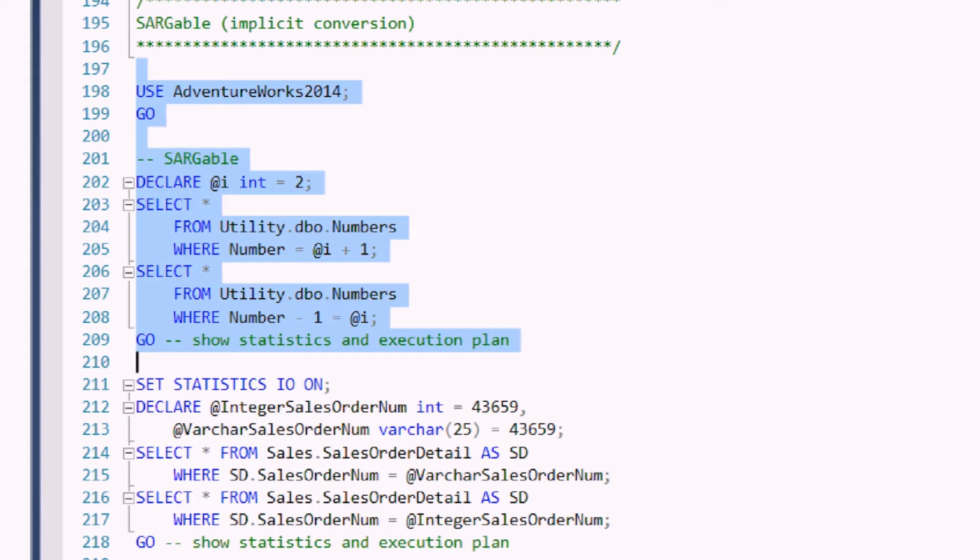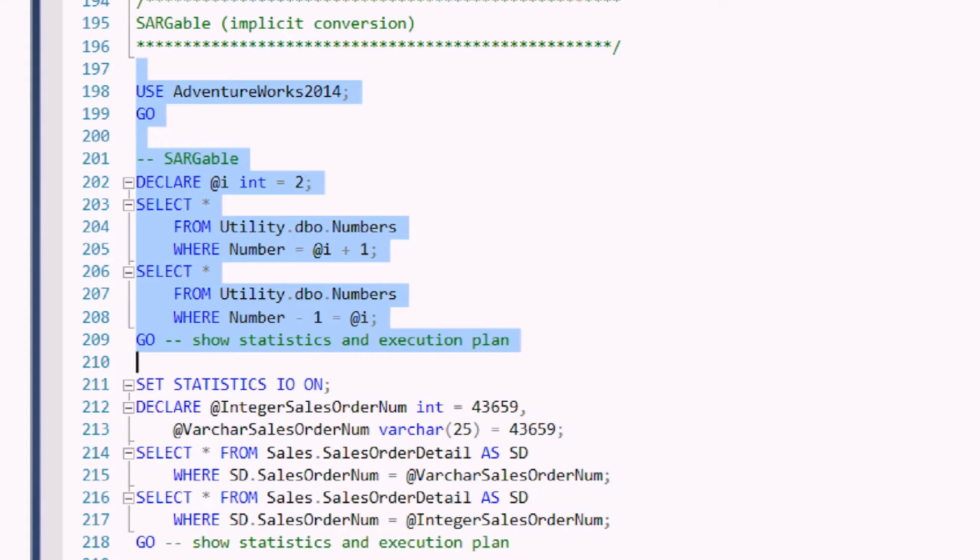So a variable called @i that is an integer, and it's equal to 2. And then I'm going to have two queries, and again, I'm going against my tally table, numbers table. The first one says where the number is equal to this variable plus 1, so that the number is equal to 3. And the second one says the number minus 1 is equal to the variable. So the same thing, the number is equal to 3.